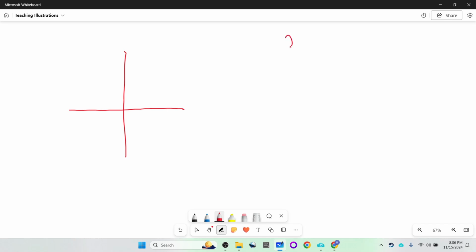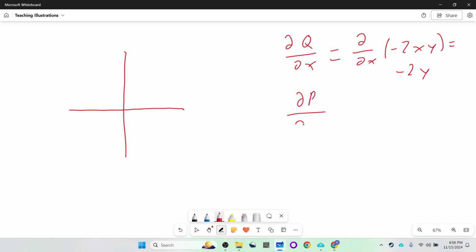So the curl, well, del q del x would be del over del x of negative 2xy, which is negative 2y. And del p del y is del over del y of x squared, which is 0.